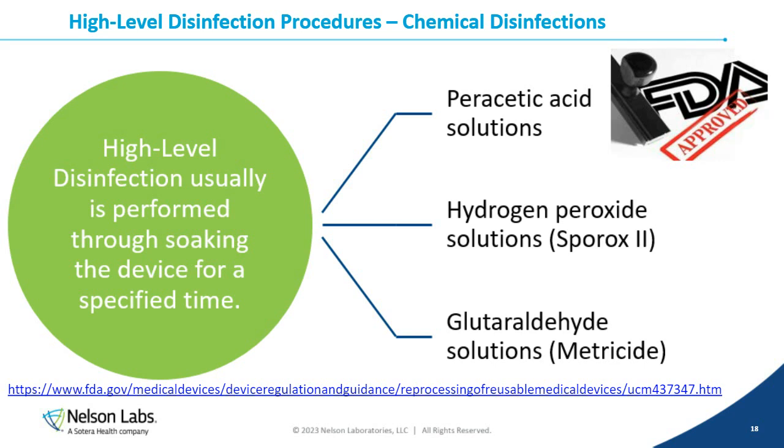It really depends on what high-level disinfectant you choose, which is important to know, because if you're going to be marketing in the US, you want to make sure that you choose an FDA-approved high-level disinfectant. So you can follow the link that I have posted here, and that will take you to a list of FDA-approved high-level disinfectants. And you want to choose one of those disinfectants.